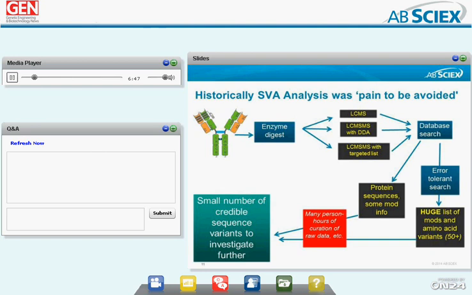And of course, there are variations too, such as error-tolerant searches. But the real problem lies in what I have here in the red box, that there was a huge amount of manual data curation. Now, if you have a lot of cheap postdocs available in an academic setting, that might not be a tremendous problem, but in industry, it's very hard to cope with both the time and the expertise needed to do that sort of work.